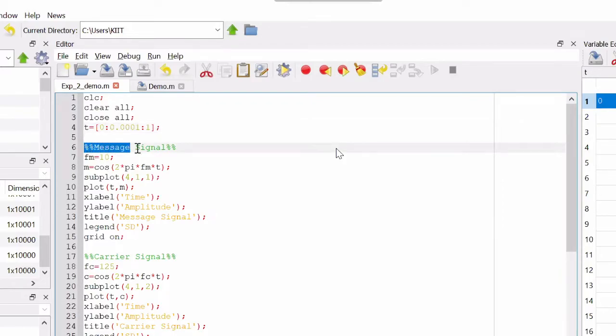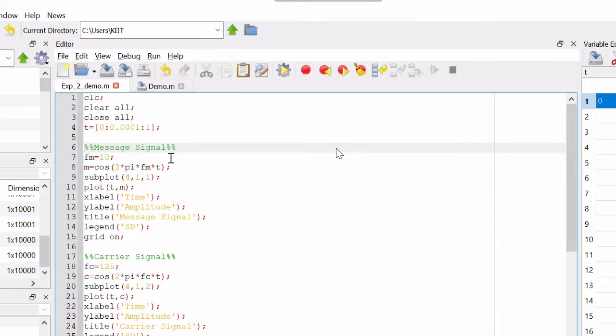Here you see this percentage mark. In Octave or in MATLAB, this percentage mark is for the reference of the program writer. You can utilize it to give a specific message to yourself so that you can understand this program later on.